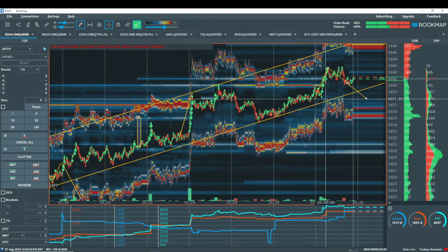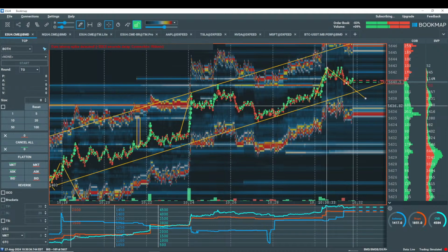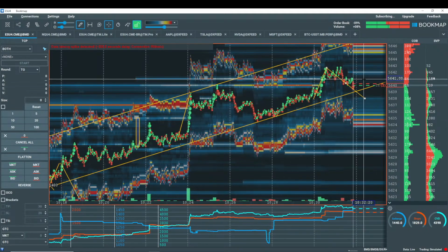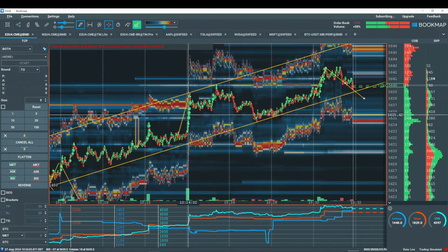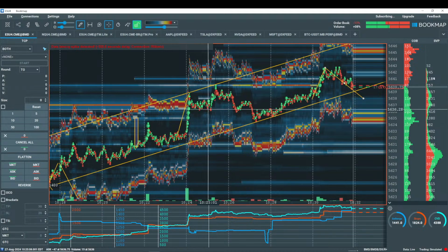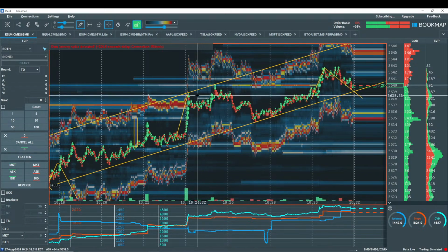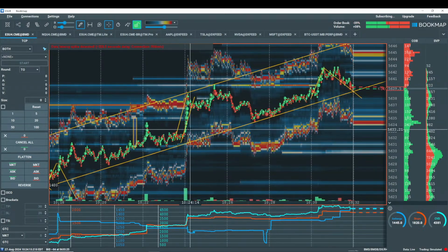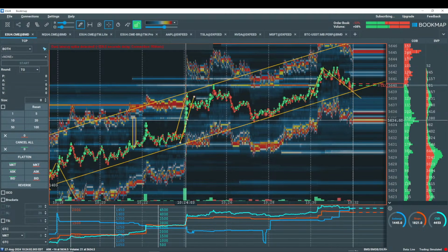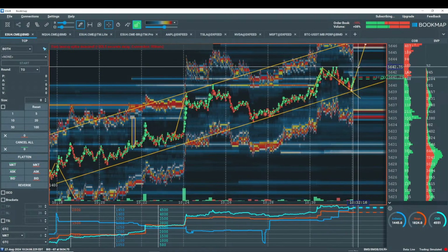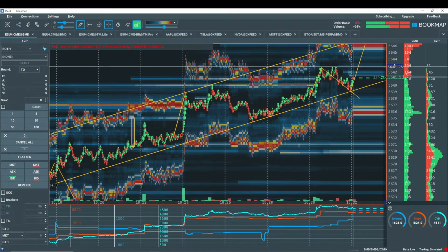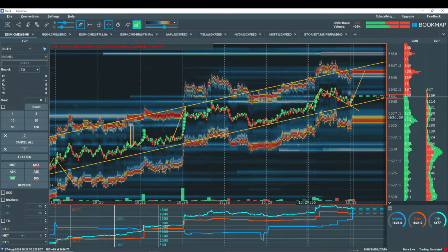Yeah, it might start to flatten out. Okay, but I'm still looking for this to bounce off of there and for another move here like this. It's pretty good up to our 46.